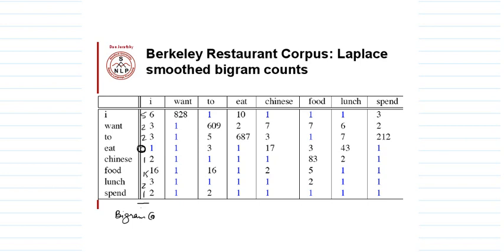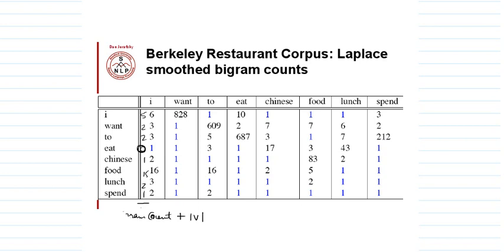This is the bigram count for I with all the other words. So the bigram count of I with respect to all the other words will be increased to its original count plus the total number of words, right?